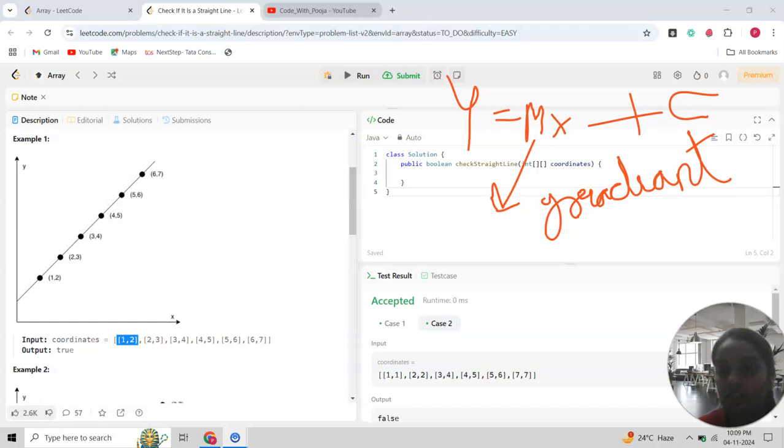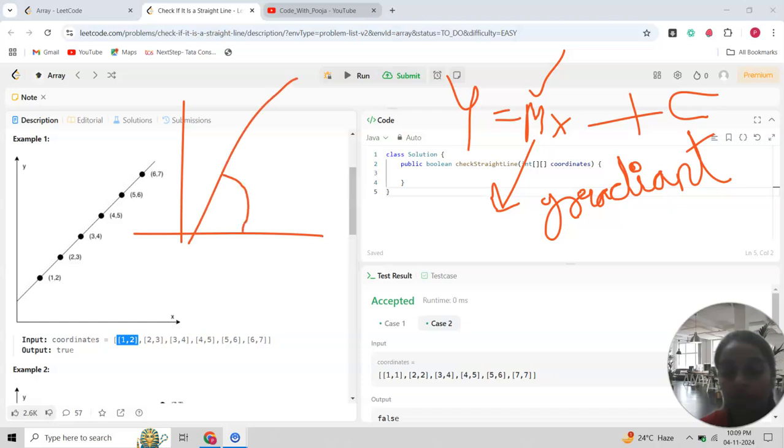What is a gradient? Gradient is the slope of a line, which implies on the XY plane what the slope is, the position of a tilt, that is, the elevation. Mainly in this question we have to work on the slope.